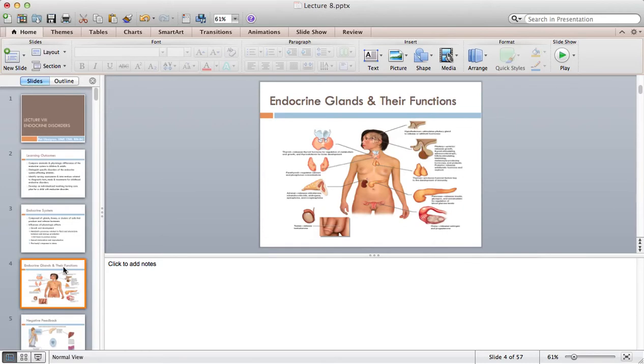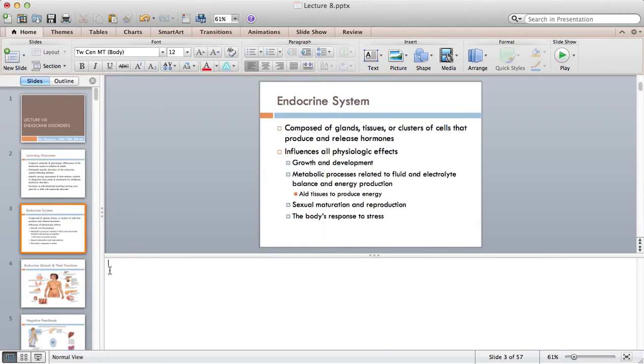Because when you don't have these hormones in equilibrium, that's the time you have the disease or the conditions that we'll be discussing throughout this lecture.